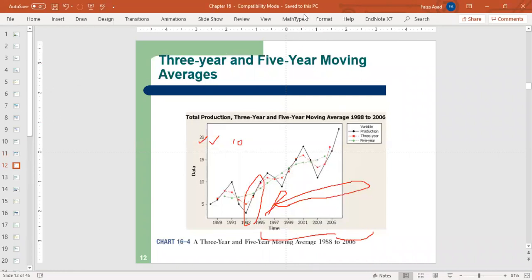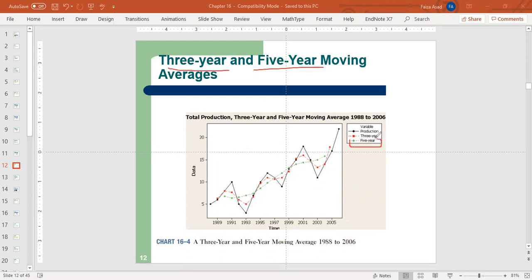Okay, here we have 3-year and 5-year moving averages. The data of production is given over here. This black line is basically showing the variable of production, and the red point is showing the 3-year moving average data. It also shows the cyclical variation, but at the green point, there is a 5-year moving average.